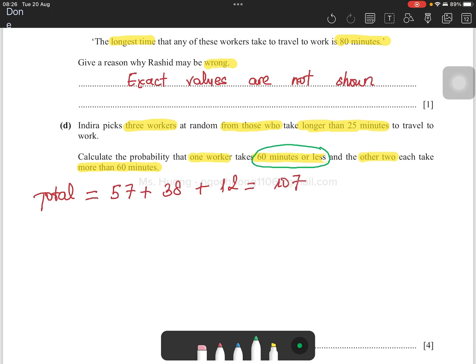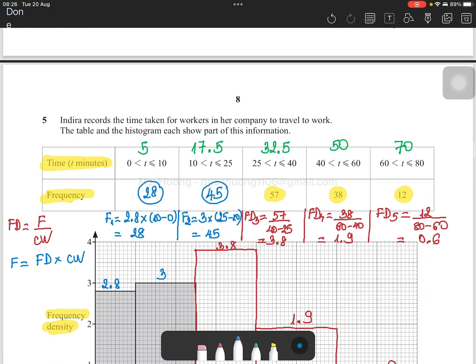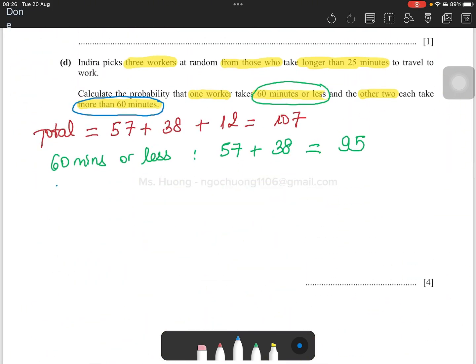They are 57 plus 38 equals 95. And the other two workers take more than 60 minutes. So let's check this. More than 60 minutes, this one, 12 workers. There are 12 workers.